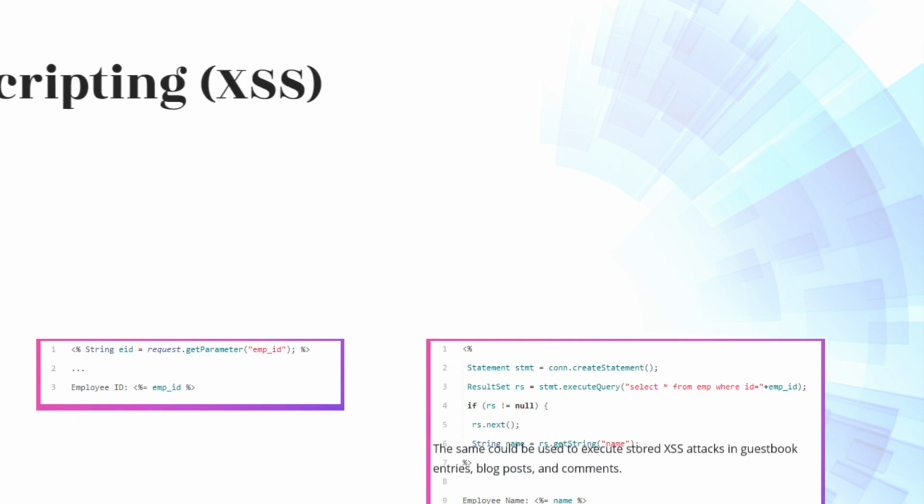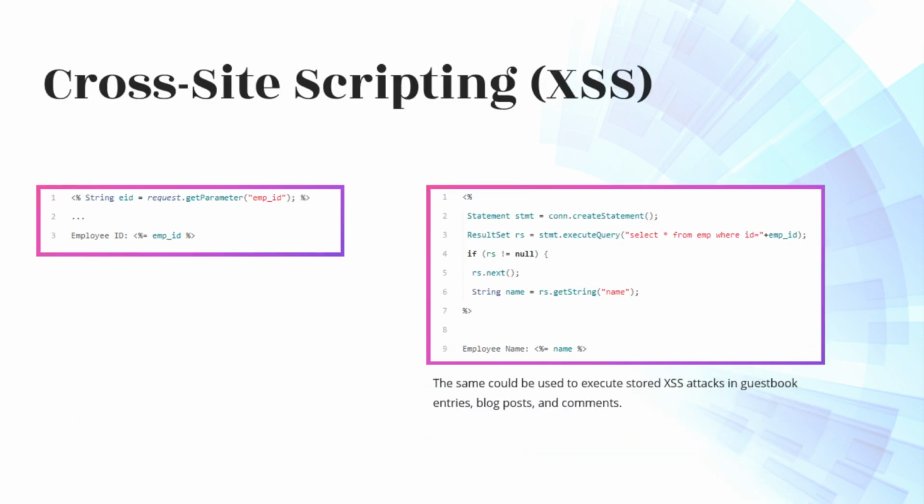And the transaction here could be anything, such as a fund transfer or password change or whatever it is. Now, another example that we might have for cross-site scripting is the displaying of information on websites or web pages. So here I have an example that displays an employee ID. That ID is gotten from the request URL parameter, like we see here.